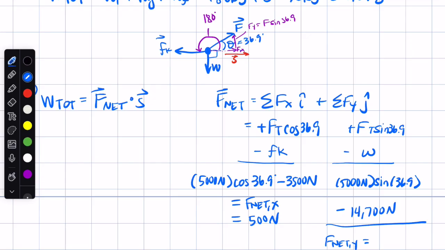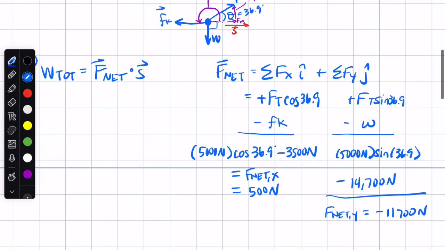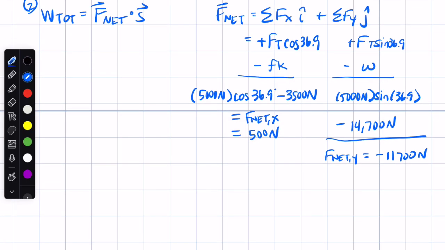Make sure you type in sine and not cosine, like I just did. I get negative 11,700 newtons. Okay. So, in other words, the total force is going to be 500 newtons i hat minus 11,700 newtons j hat.